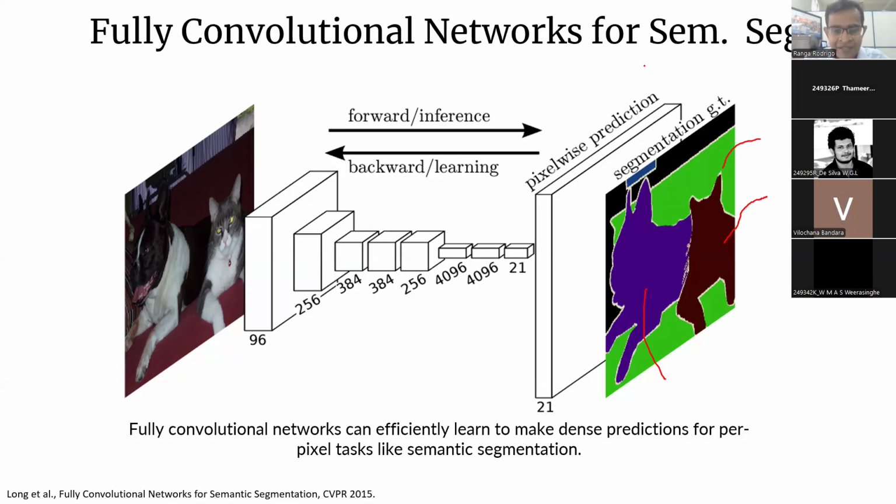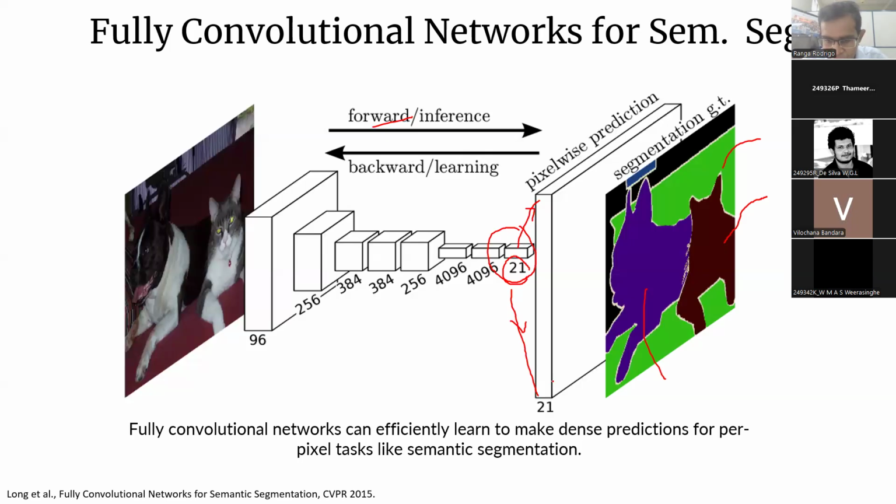So you can see here, they have a feature map, which is very small in spatial size, but that has 21 channels. So these 21 channels and this structure, they somehow expand to the size of the image. Consider that as some upsampling scheme where they expand it up to the size of the image.